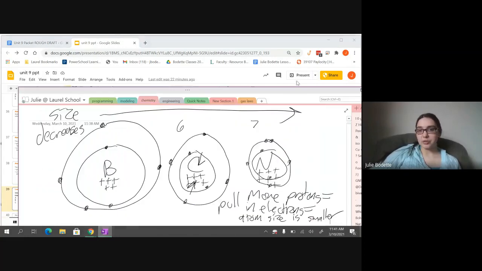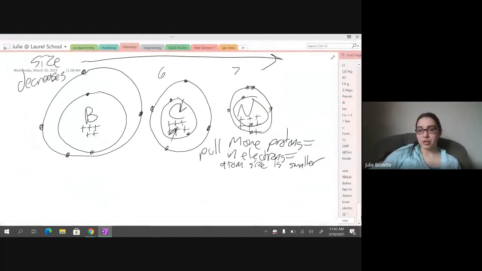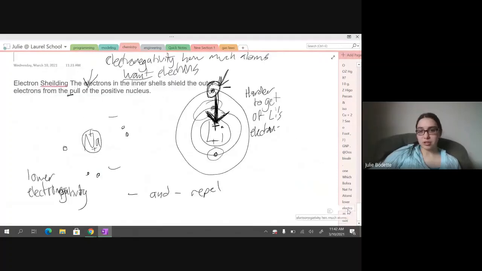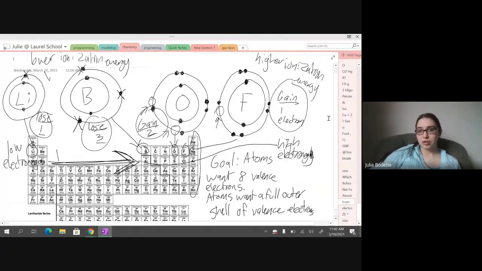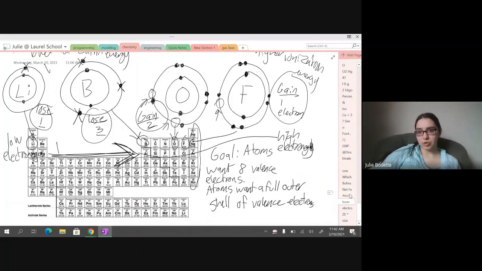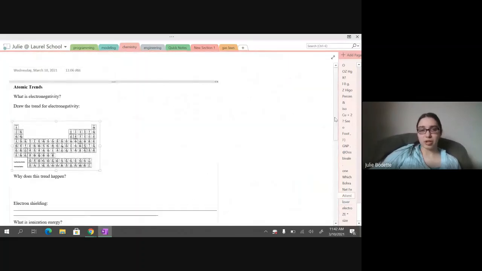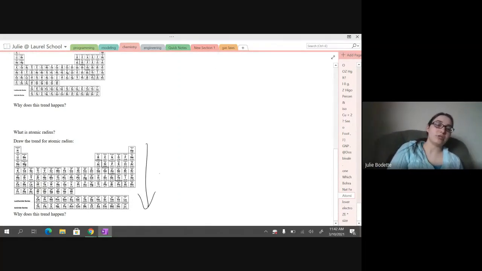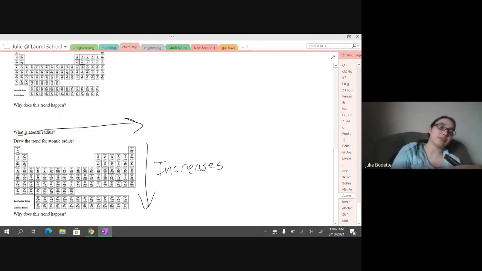Let me draw my atomic radius trends. There we go. We just talked about how atomic radius increases as you go down, and it decreases as you go from left to right.